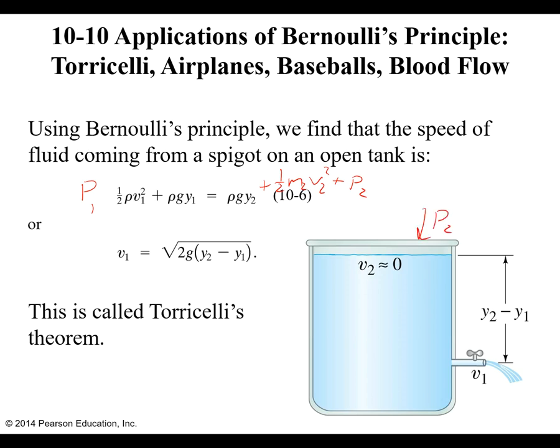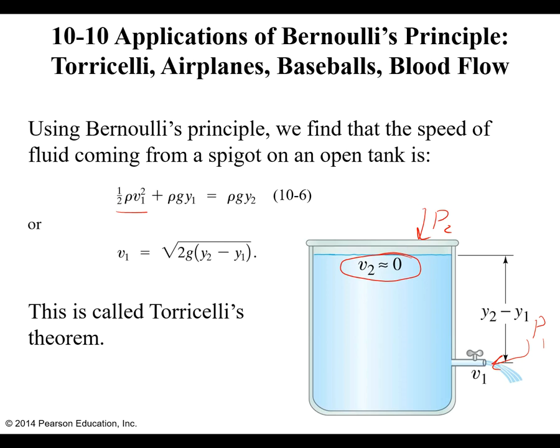But the atmosphere is exerting a pressure here, and the atmosphere is also exerting a pressure here. It's the same atmosphere, same pressure, therefore that term goes away. Also, at the very top of your tank, you have no velocity, therefore your kinetic energy term goes away. And so that's where this equation at the top of the screen came from.